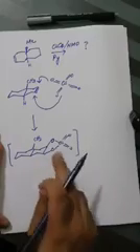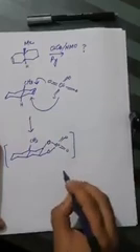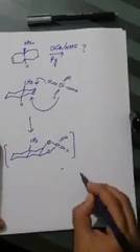And if osmium tetroxide approaches from the lower face of the double bond, then we will have this transition state.